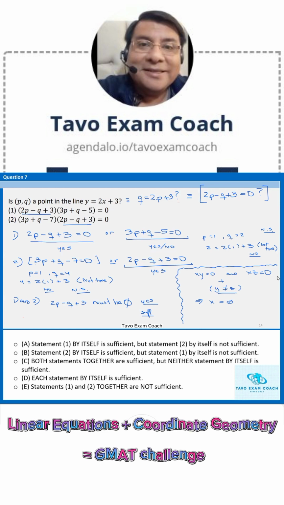So here you can notice that in the analysis of statements 1 and 2 together, 3p plus q minus 5 equals our variable y. And 3p plus q minus 7 is like our z. And we know that these two expressions must always be different. Because if we subtract 3p plus q on both sides, we get that negative 5 is different from negative 7 always.